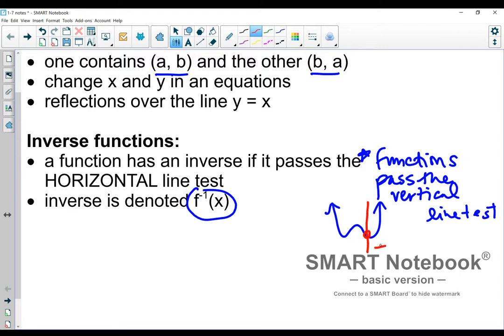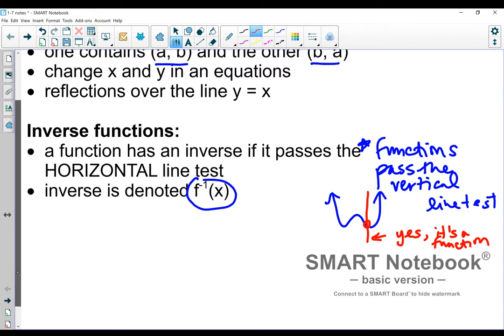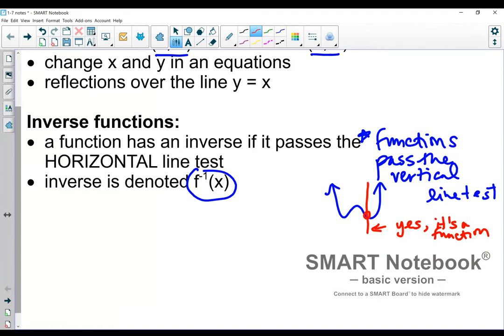So yes, it's a function. But then if we're predicting about the inverse, we want to know, is the inverse a function? So if I do a horizontal line test, it crosses twice. And so no, the inverse is not a function.